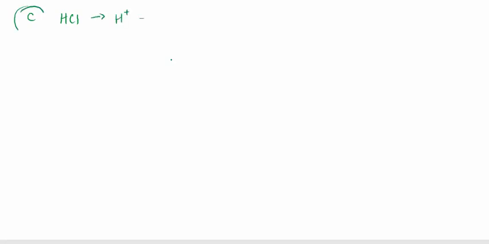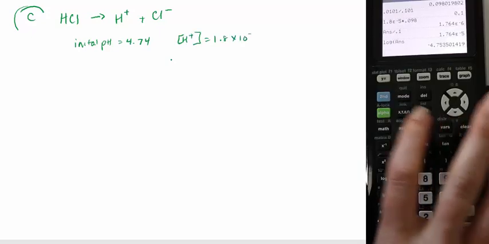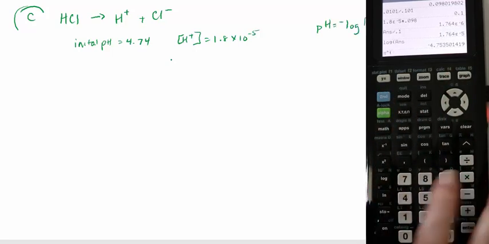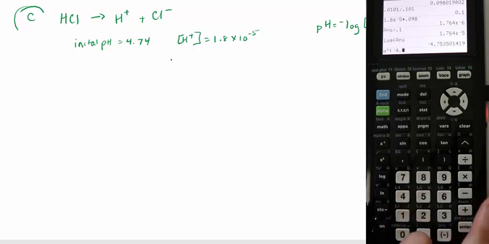Now the initial pH of 4.74 means our initial hydrogen ion concentration is 1.8 times 10 to the negative 5th. Remember that pH equals the negative log of the hydrogen ion concentration, but when you're given the pH, you can take the inverse log or the anti-log in order to find that hydrogen ion concentration.